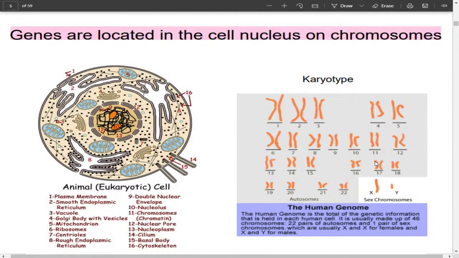Next, we can see the human genome containing 23 pairs of chromosomes.